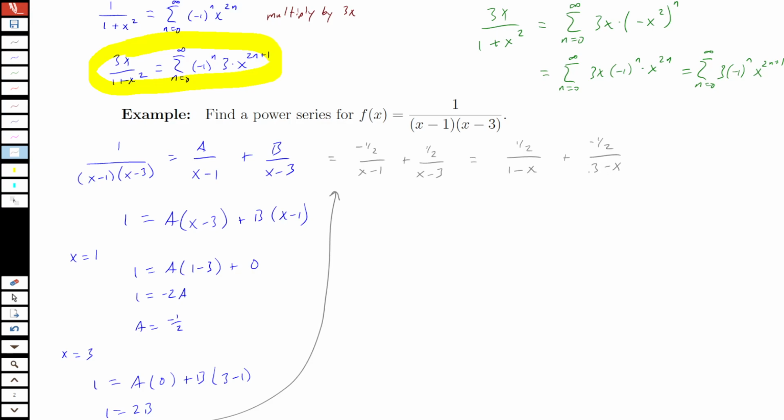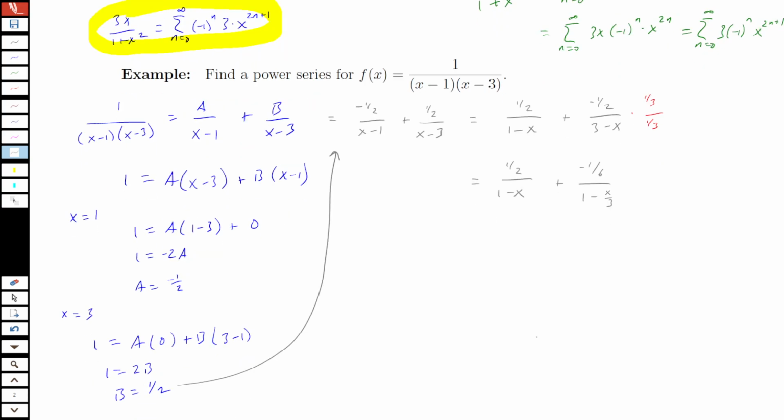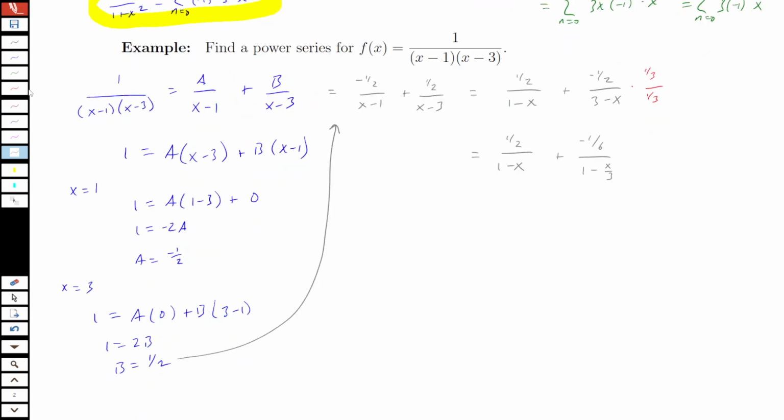So what I can do is I can take this second fraction, and you could think of factoring out a third or multiplying numerator and denominator by 1/3. So I have a half over 1 minus x plus a negative 1/6 over 1 minus x over 3. Okay. And now we're in business.